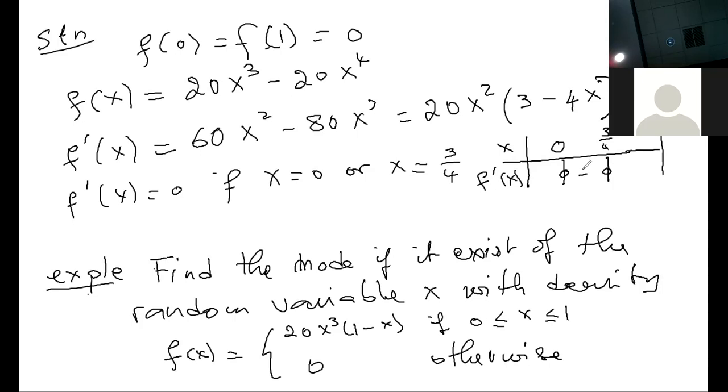So it is positive here, and it is negative here. Do you see why I have those signs, positive and negative, for the derivative? If you put x equals 0 here, because this function 20x squared is always positive, the sign of f prime of x depends only on the sign of 3 minus 4x. So it is also positive here.